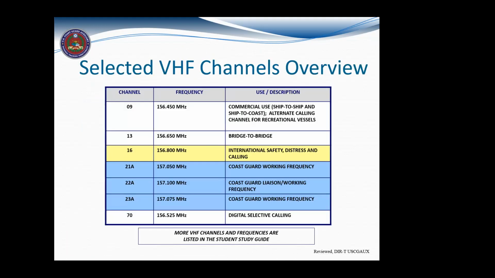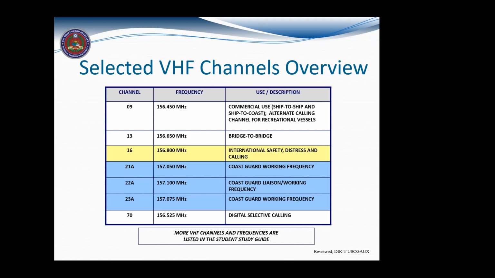Channel 16 is the distress and calling channel. Channel 6 is not on this table, but channel 6 is a ship-to-ship frequency that every vessel is required to carry if they have a VHF radio. So if you call somebody on 16, you can always shift to 6 if you're talking about safety.